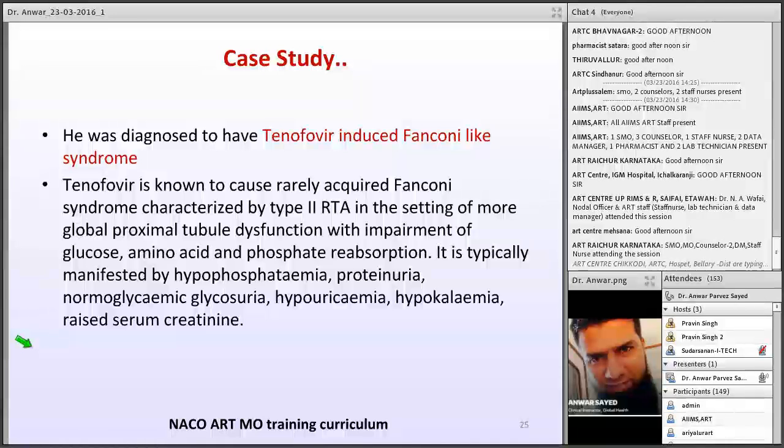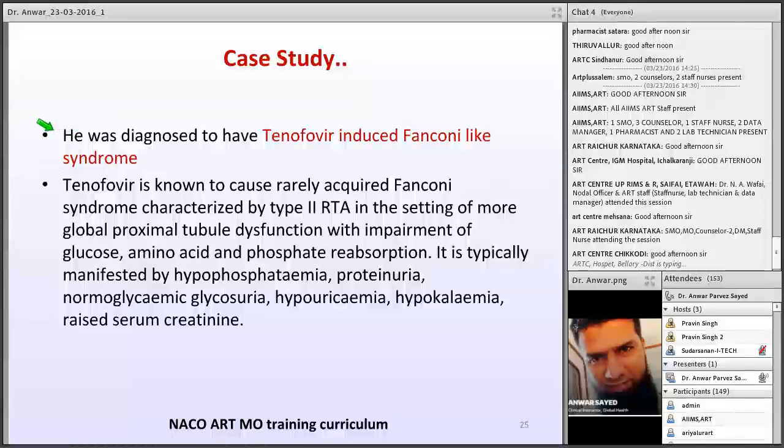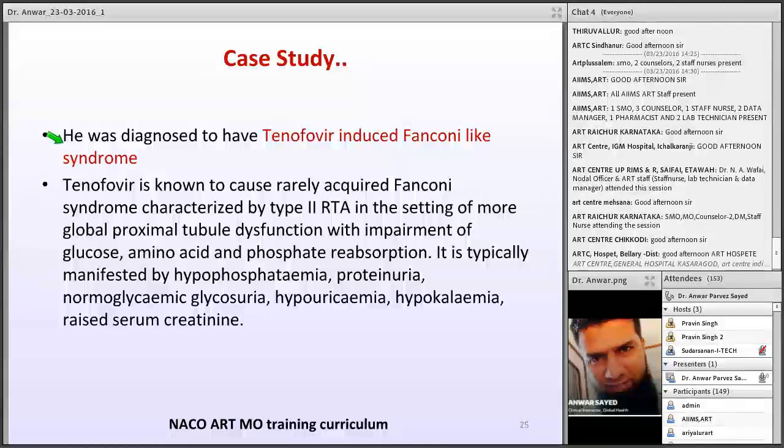So, like exactly how we define Fanconi syndrome in the previous slide, this was the presentation, that a person is having normal blood sugar, having glycosuria, and having lower serum calcium, and then proteinuria and uric acid, and all that which we define the Fanconi syndrome like.